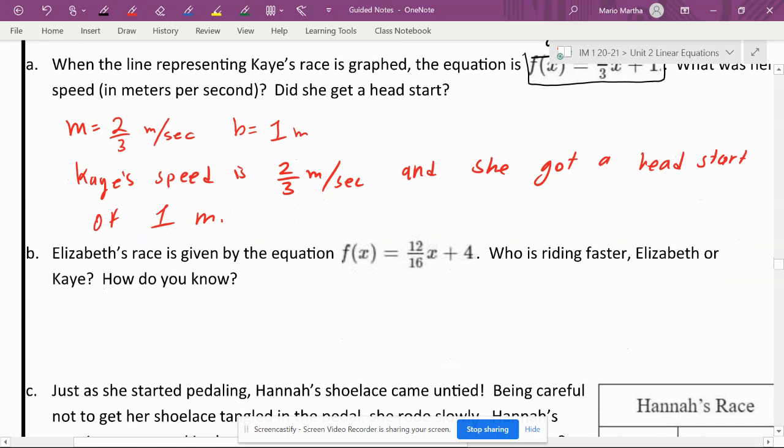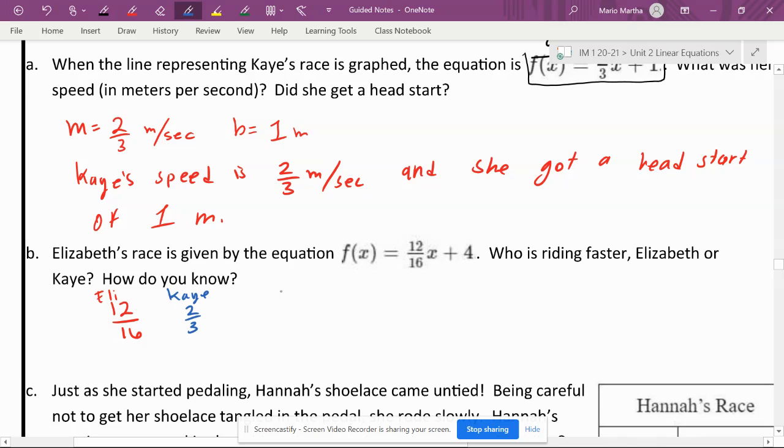All right. Now let's look at Elizabeth's race as given by the equation. f of x equals 12 over 16 times x plus 4. Who is riding faster, Elizabeth or Kay, and how do you know? So if you do notice here, they look like different fractions. So we have 12 over 16, and that's Elizabeth, and then Kay again, which was 2 over 3.